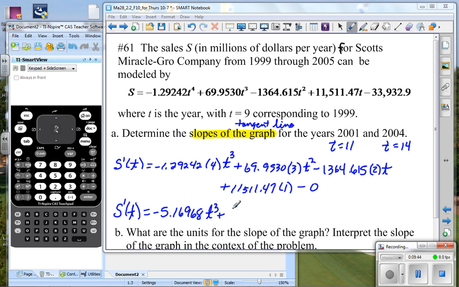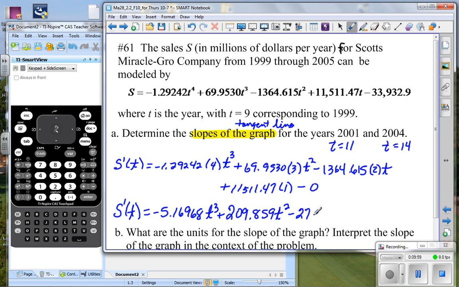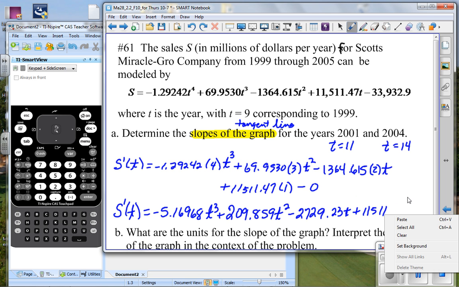Okay, so this would be plus 209.859 t squared minus 2729.23 t plus 11,511.47.